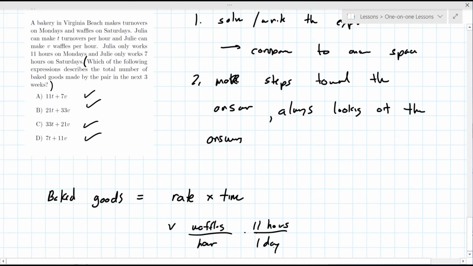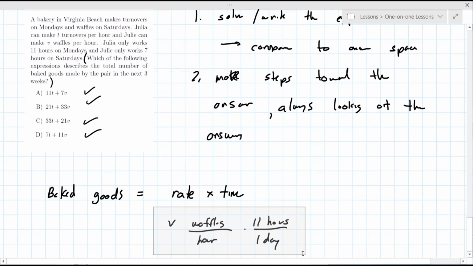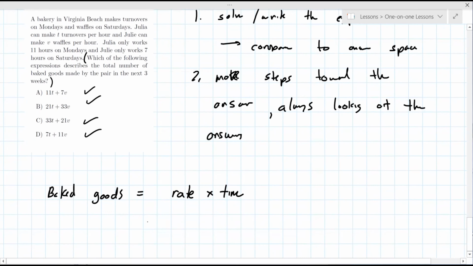Wait, then wouldn't she be making turnovers, not waffles? Sorry, I've confused myself. Julia makes T turnovers. I'm sorry. Let me start again. You caught me in a tongue twister here. Julia makes T turnovers per hour, and she works only 11 hours on one day a week. It says Monday, but she only works Monday.